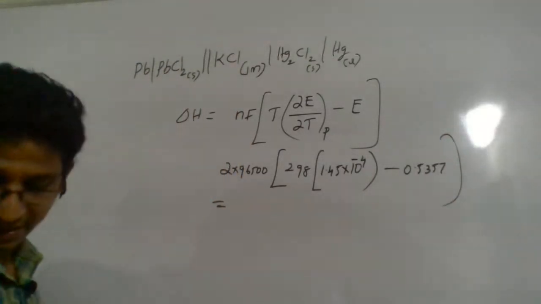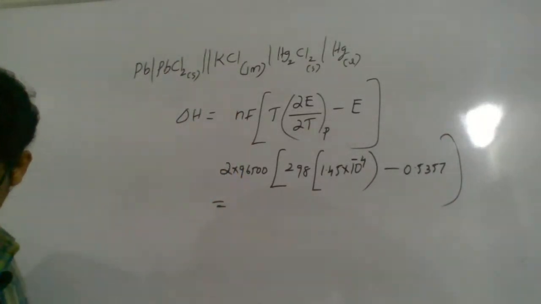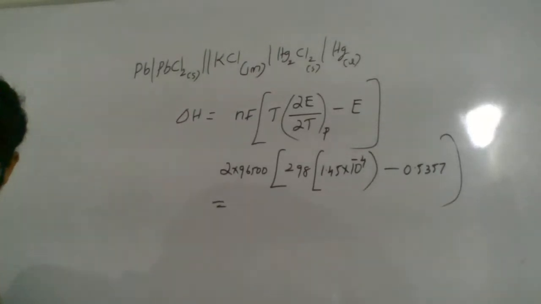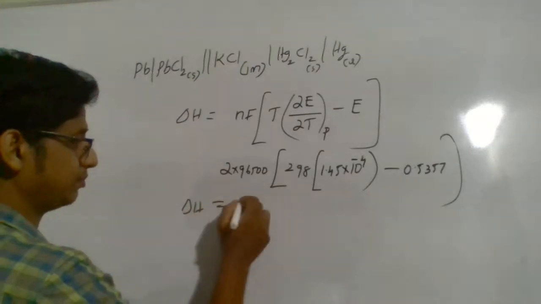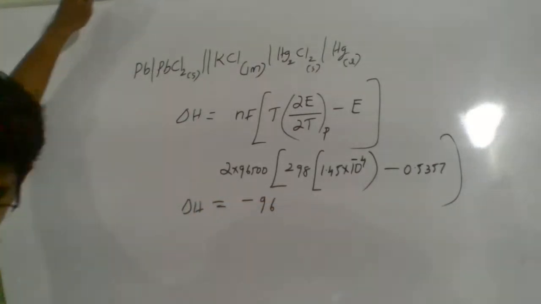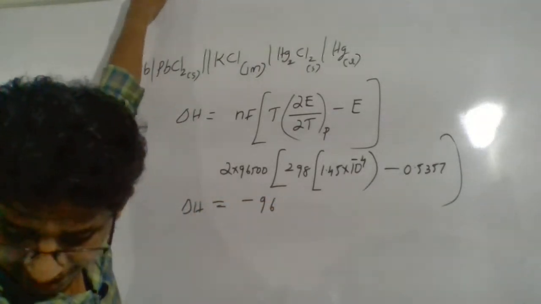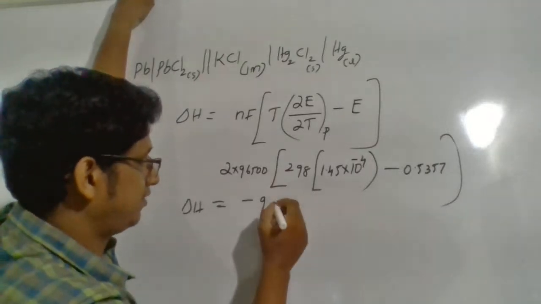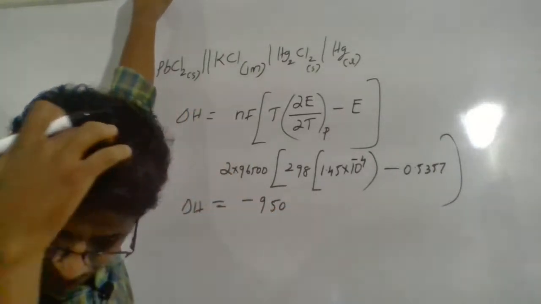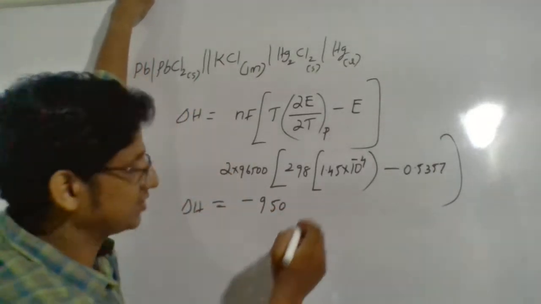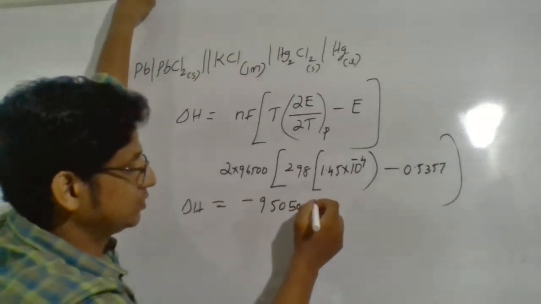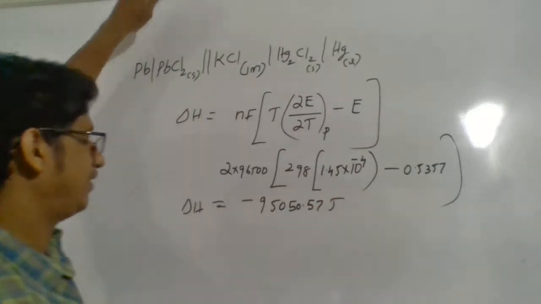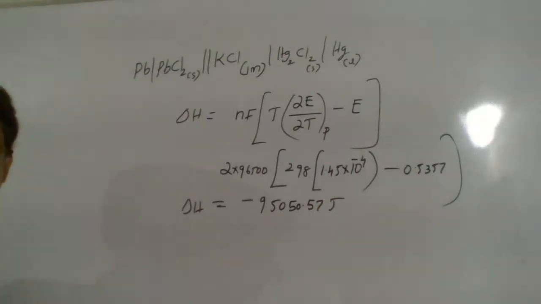You will get delta H directly, equal to minus 950.57 joule. That is the value for delta H.